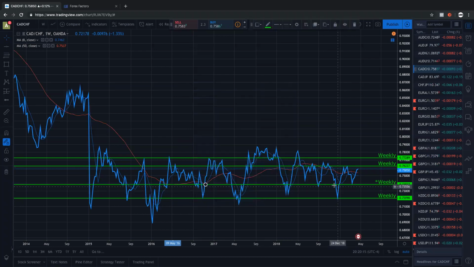The reason why I say that is because price was met as support here, and price was met as resistance here. So we have resistance here, some more resistance here, we have support here, some more support, a gap, so resistance there. And like I mentioned, resistance being a ceiling, support being a floor.